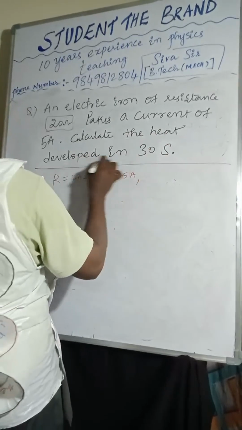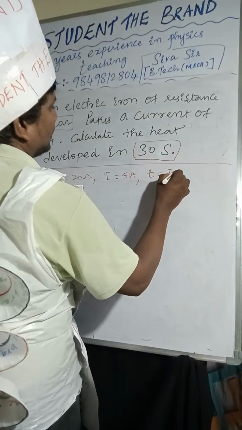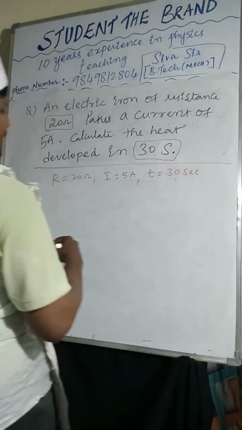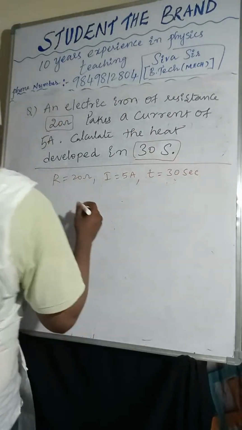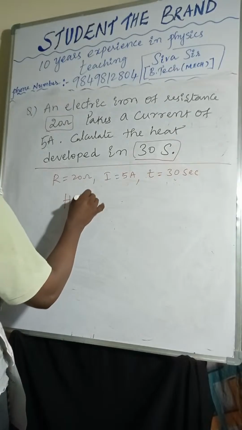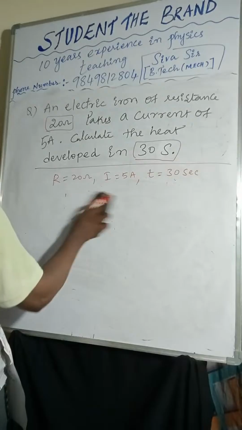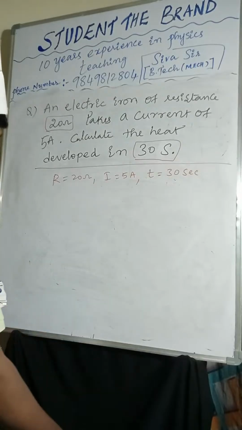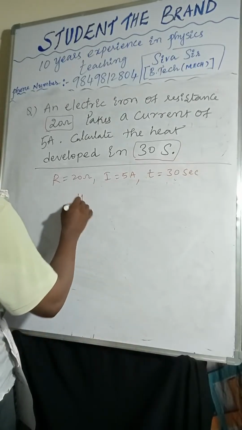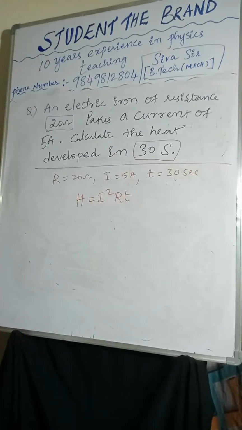Calculate the heat generated in 30 seconds, so T equal to 30 seconds. Now what is the formula? H equal to I square RT. You can use this formula, substitute and calculate.